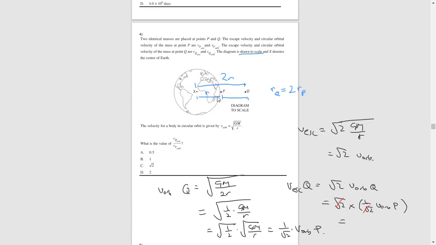And that just gives you the orbital velocity of P, which means 1 is your answer.